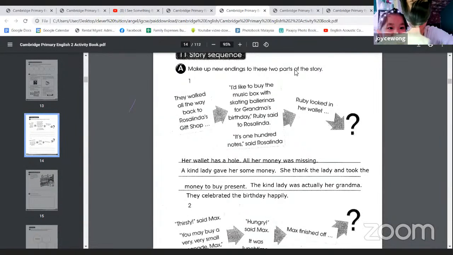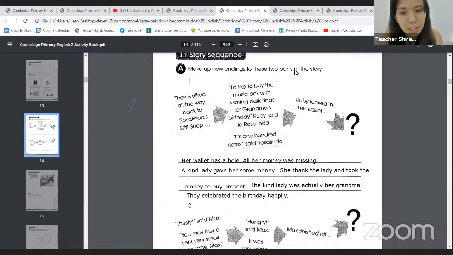Can? Yes, you can do that. A kind lady gave her some money. She thanked the lady and took the money to buy present. The kind lady was actually her grandmother. They celebrated the birthday happily.